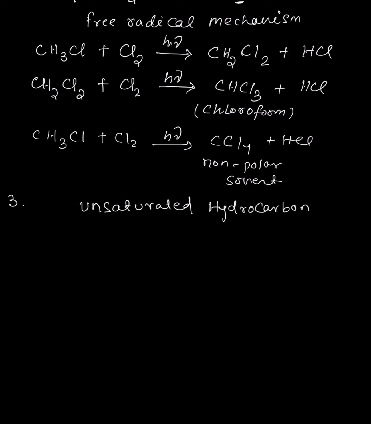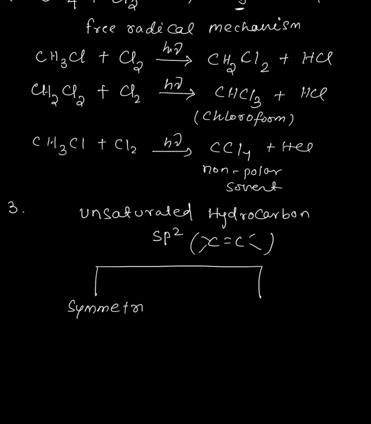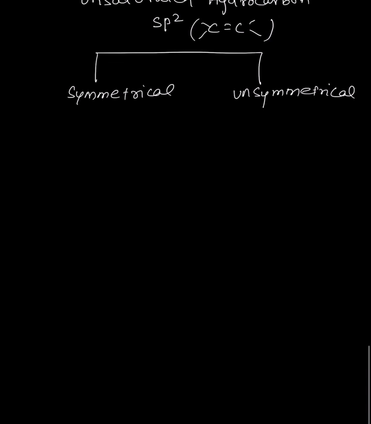So sp2 hybridized or unsaturated hydrocarbon can be of two types, symmetrical or unsymmetrical. In case of symmetrical, both the sp2 hybridized carbons contain an equal number of hydrogen atoms, in which it is difficult to identify which site is the region to attack.